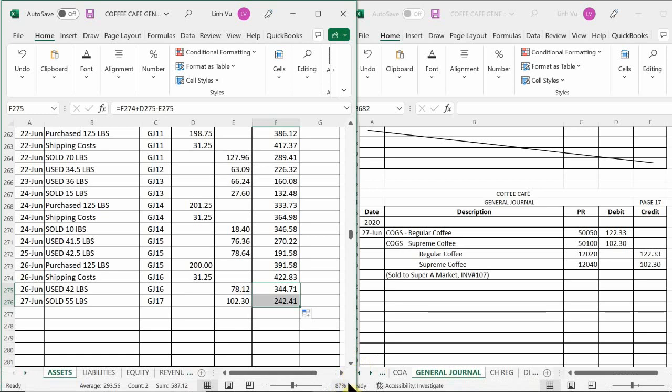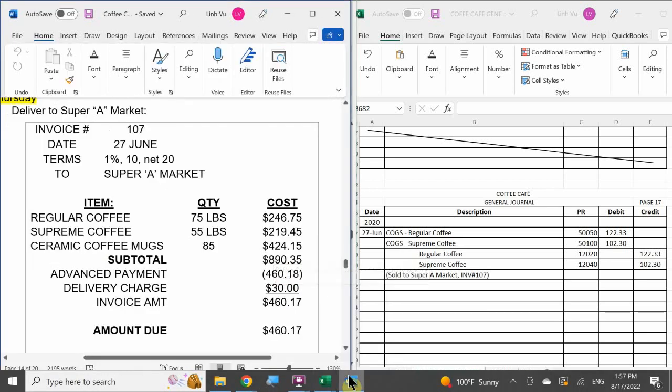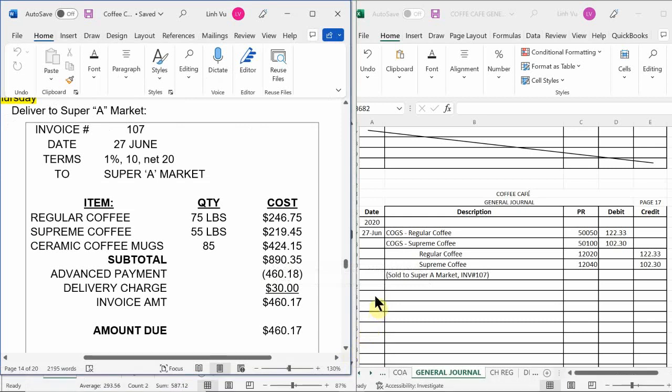And I believe they bought the balance. Oh, yeah. Yes. 242.41. That's correct.